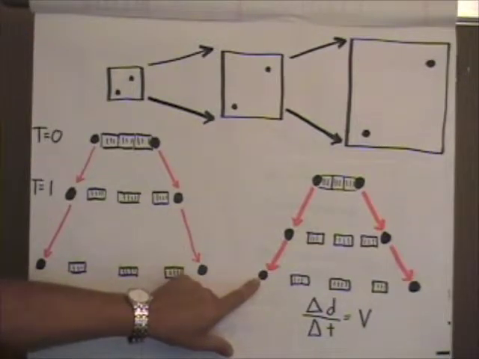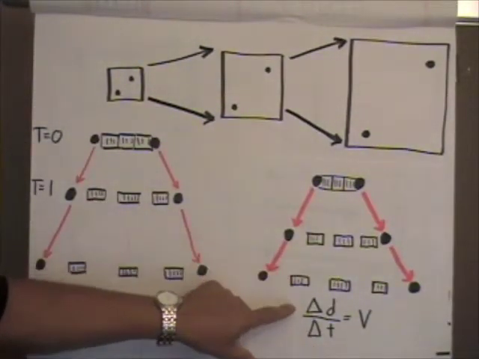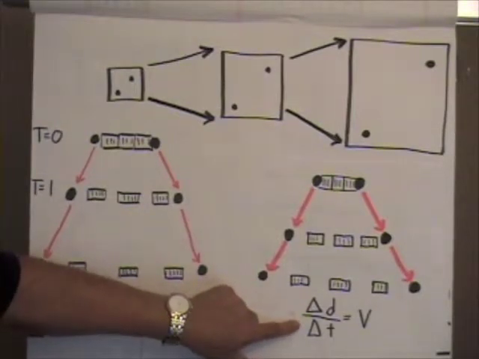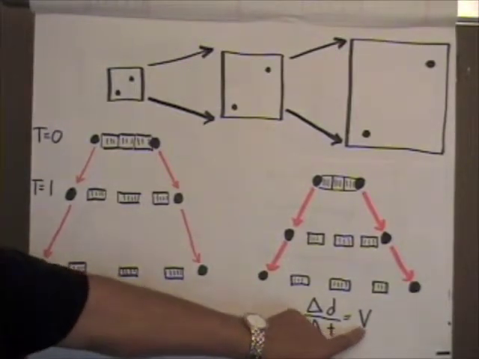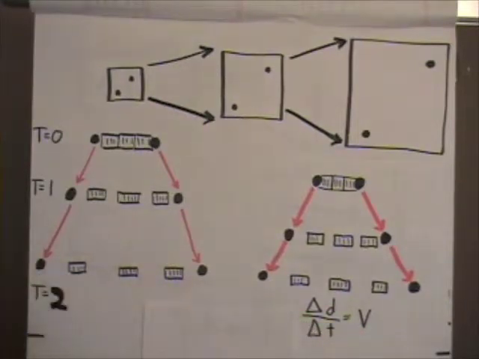Now the standard formula to compute the recessional velocity between those two objects is simply the change in distance over the change in time, which gives the velocity at which they're moving apart.